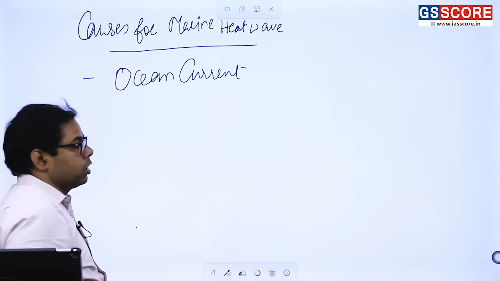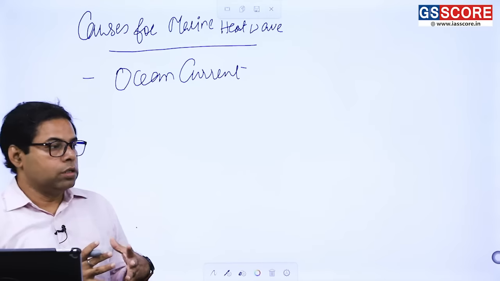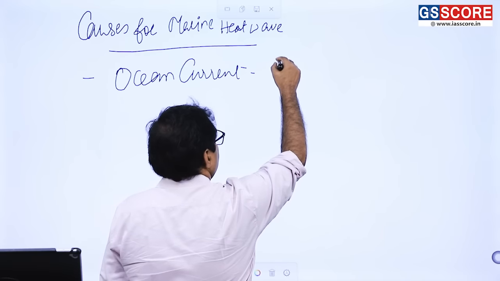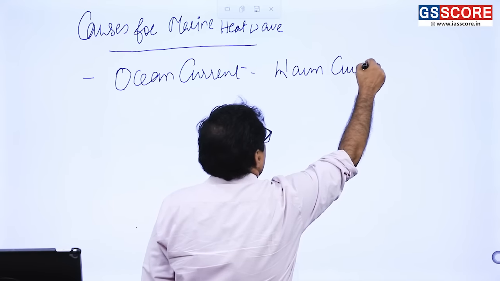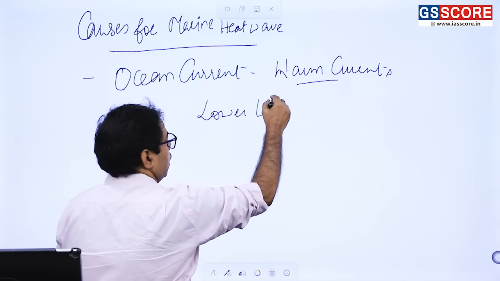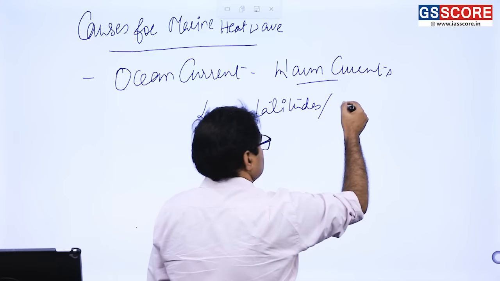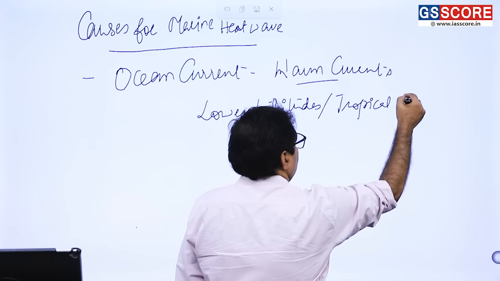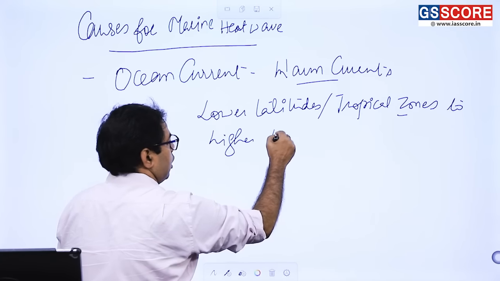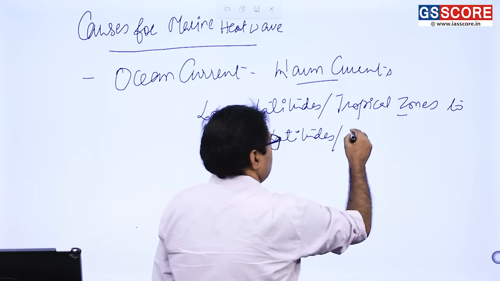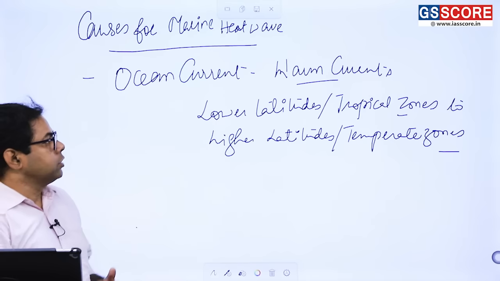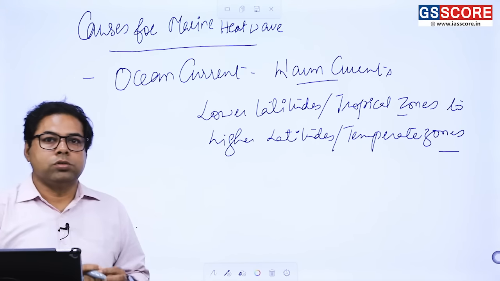We know ocean currents move from lower latitudes to higher latitudes. These are particularly warm currents moving from the lower latitude, the tropical zones, to higher latitudes, the temperate zones.